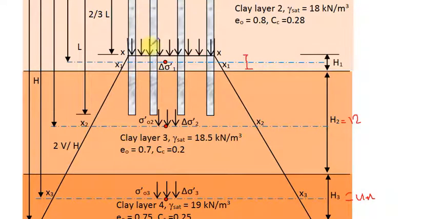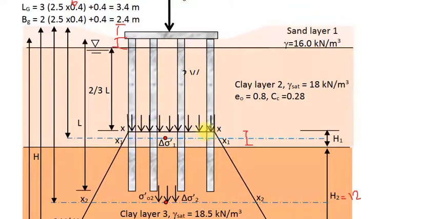First is to locate the equivalent raft. The equivalent raft here is located at a depth equal to 2/3 times L, where L is the length of pile, which gives 12 meter, the depth of the equivalent raft.